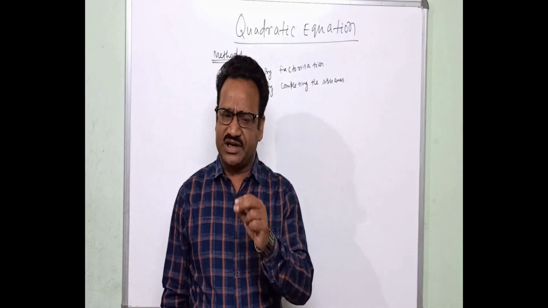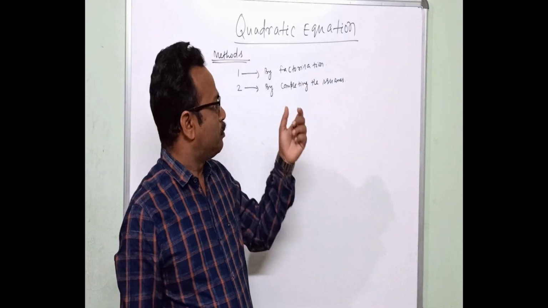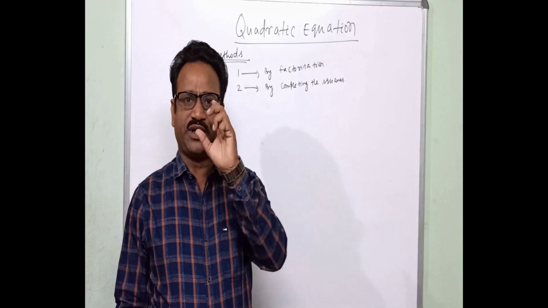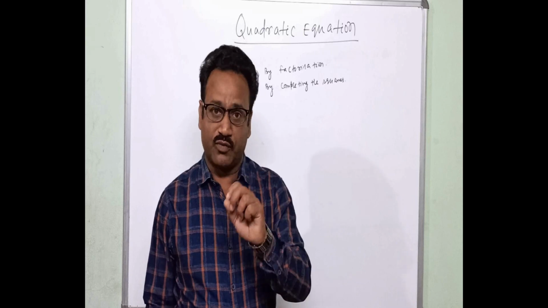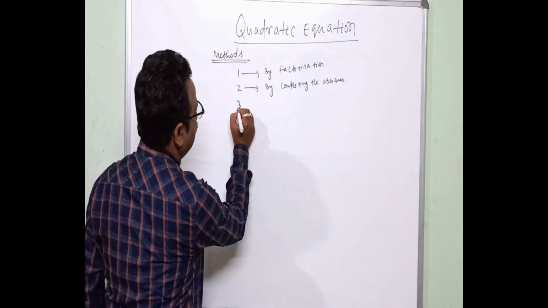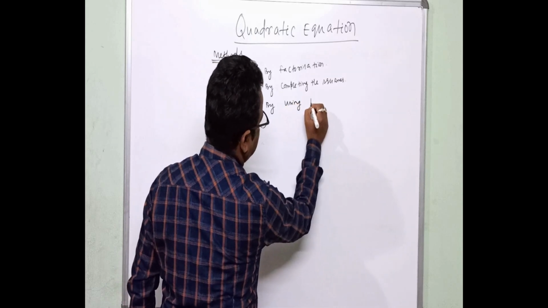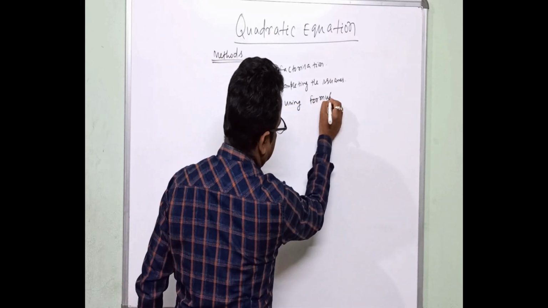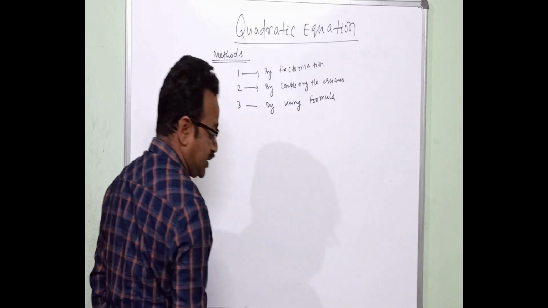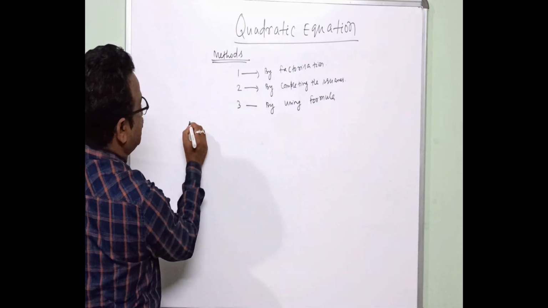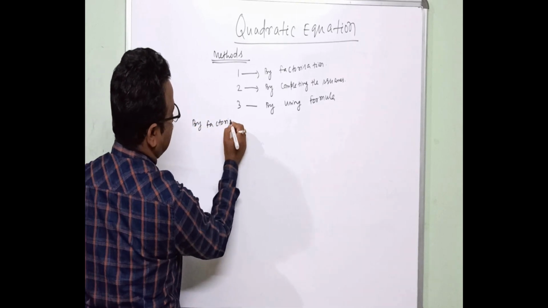It is not in the NCERT syllabus, not in the ICSE syllabus also. But we will need to discuss completing the squares when we find out the formula. Third method, by using the formula. So now we will see the first method, by factorization.